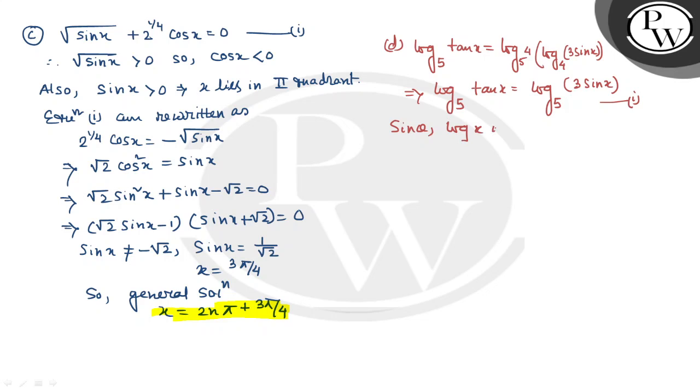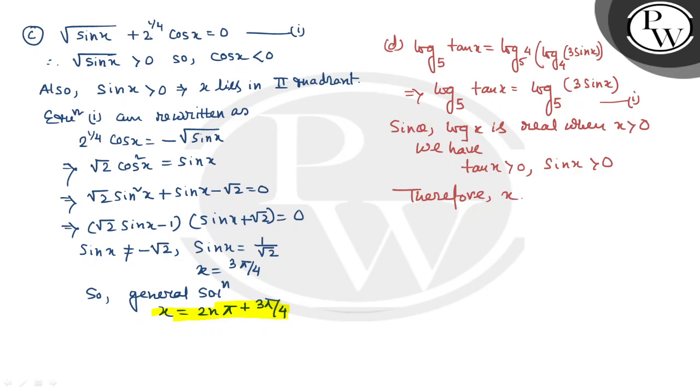Since you have to solve it, log x is real when x is greater than 0. So we have that tan x is greater than 0 and sin x is greater than 0. Therefore, x lies in which quadrant? First quadrant. So x lies in the first quadrant.